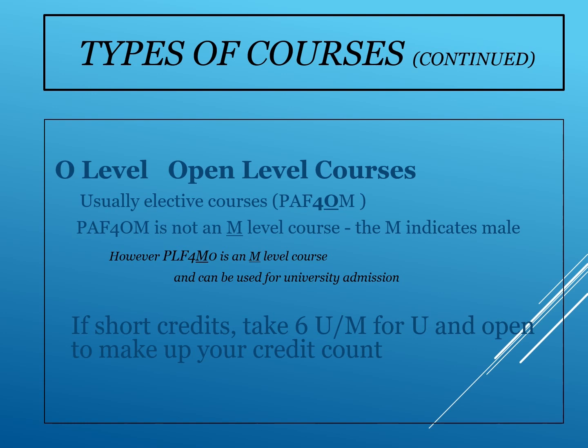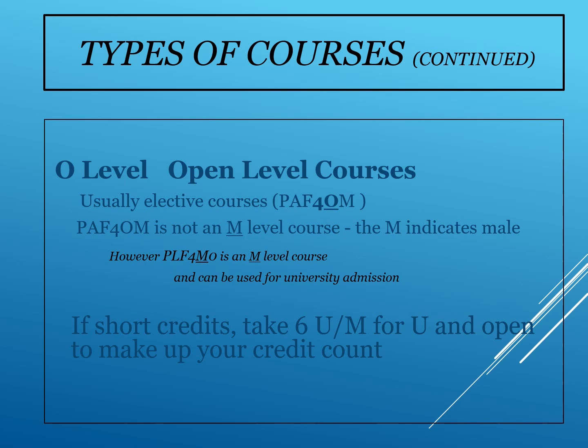The other type of course that is coded at the grade 12 level is those coded with an O. So the fifth character is an O. An example of this would be a phys ed course. These are called open level courses and are not used by universities or colleges when they're reviewing applications.